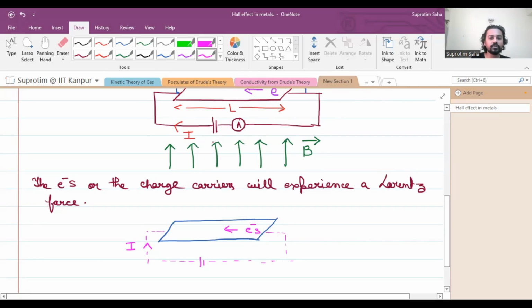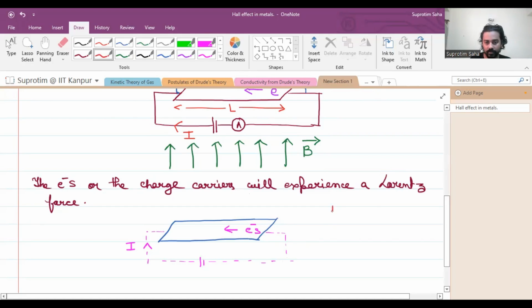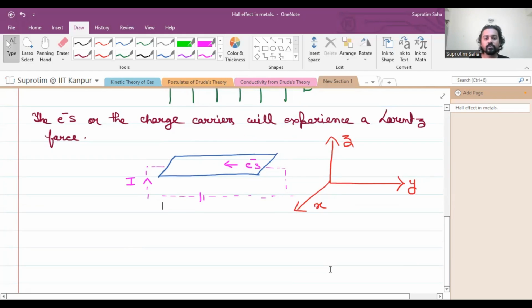So if you draw the coordinate system, our natural choice would be this is your z direction, this is your y, and this is your x. So this is the coordinate system that we are going to work in.